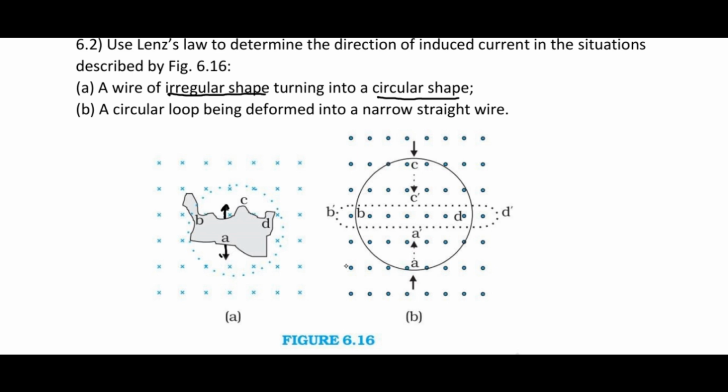As the loop changes from irregular to circular shape, its area increases. Hence the magnetic flux linked with it increases. According to Lenz's law, the induced current should produce magnetic flux in the opposite direction of the original flux.